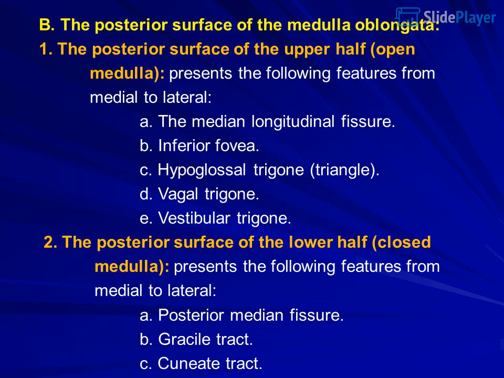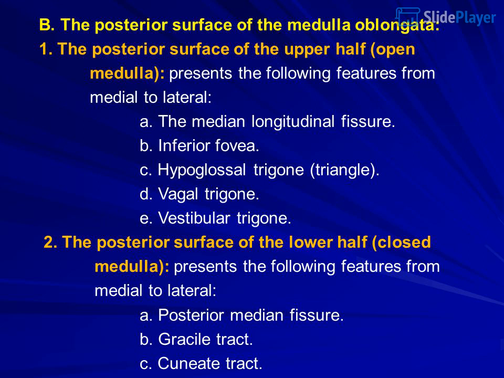B. The posterior surface of the medulla oblongata. 1. The posterior surface of the upper half, the open medulla, presents the following features from medial to lateral: A. The median longitudinal fissure. B. Inferior fovea.